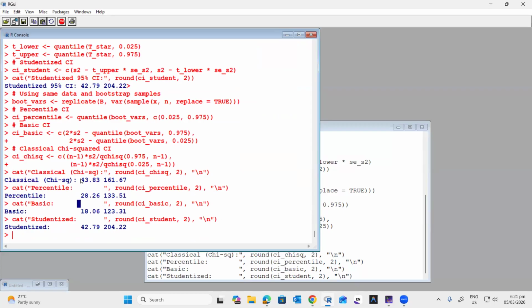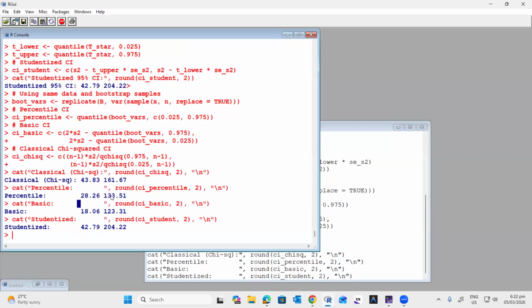From the classical chi-square the lower limit is 43.83 and the upper limit is 161.67, while through the percentile it was 28.26, which quite differs, and the upper limit was 133.51. For the basic it was 18.06 and the upper limit 123.31, and studentized was 42.79 and the upper 204. So the lower limits were quite similar, but we have seen differences in the upper limits.